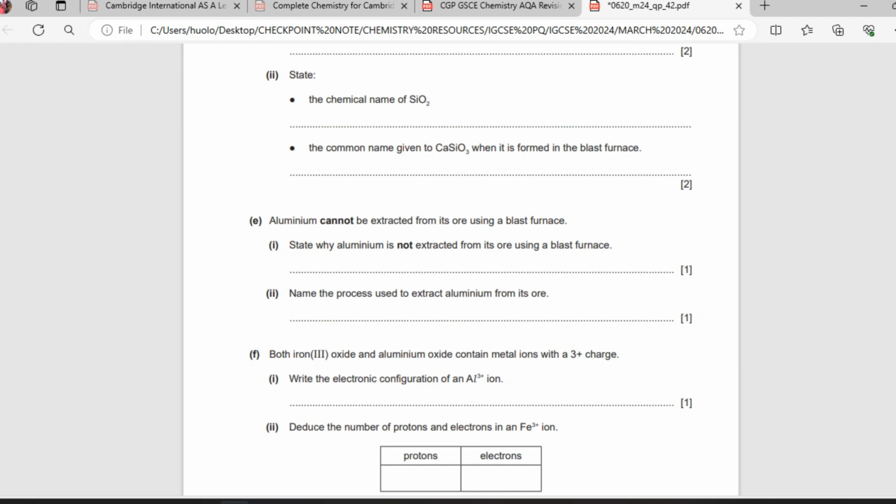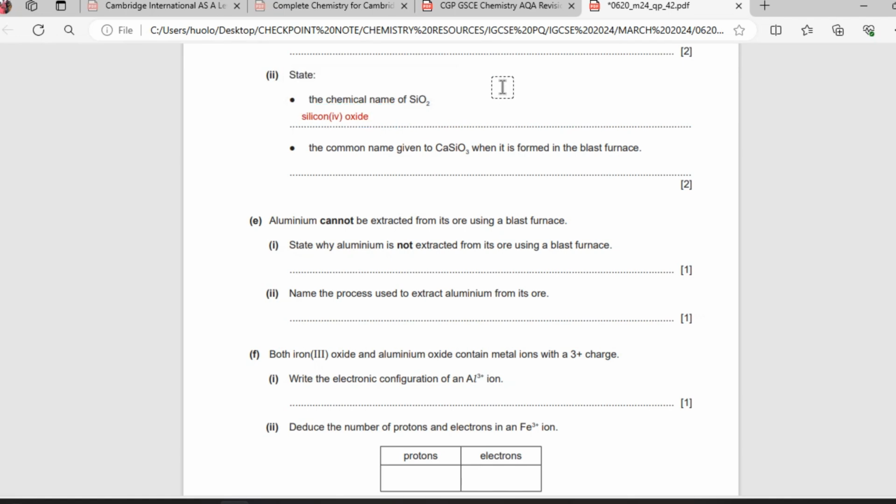Now state the chemical name of, I've mentioned it before, silicon 4 oxide. That's how it is. So you are saying silicon what? Silicon 4 oxide.